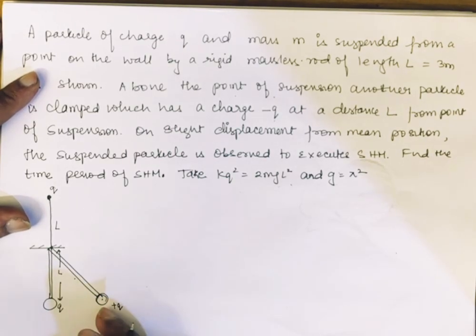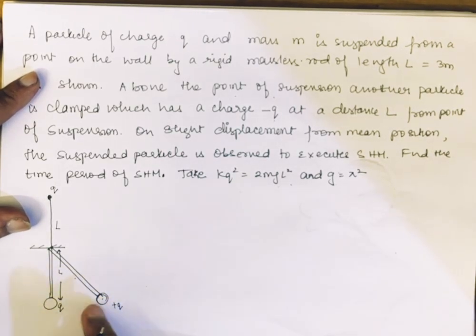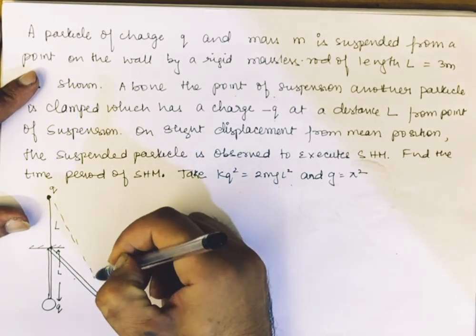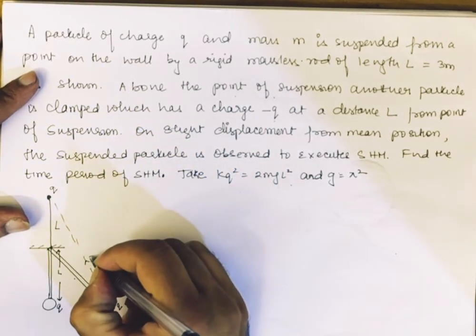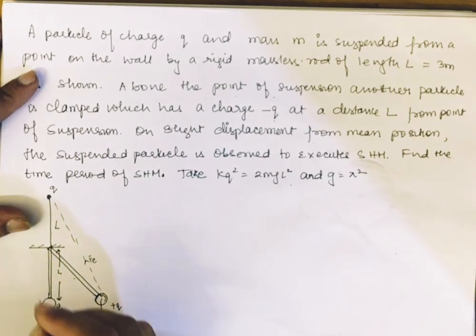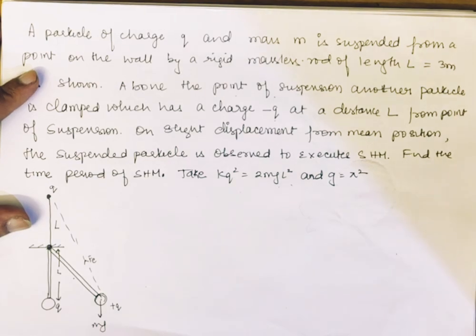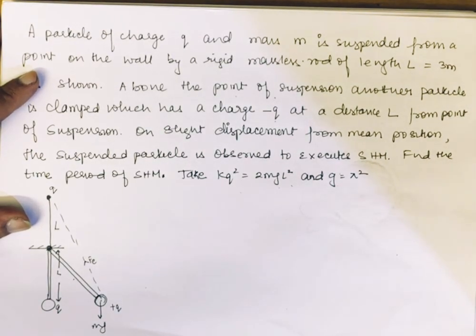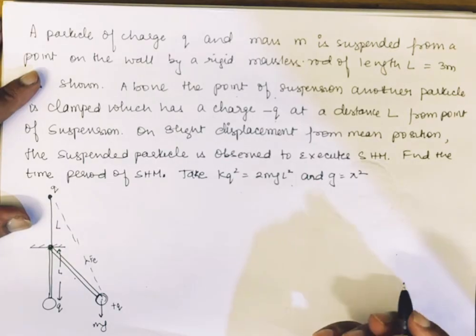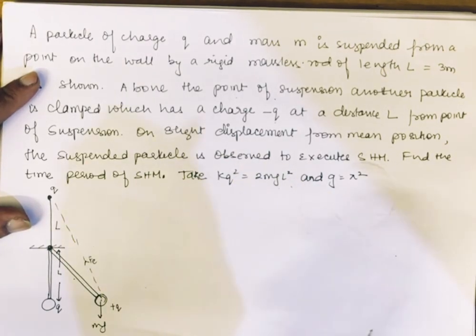So first I need to find out the torque due to the two forces. One is the electrostatic force between the charges, like this I can mark, and one is due to the mg, and the rotation is happening about this hinged point. I just need to find out the torque due to the two, and then I'll put torque equals I alpha, and the moment I get I alpha, I'll get alpha.